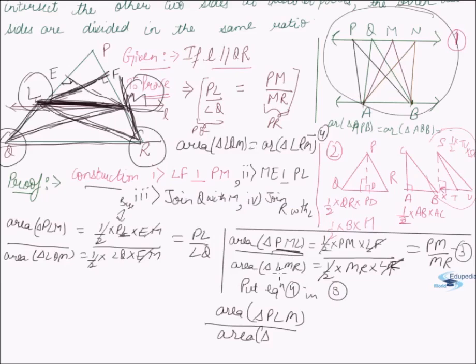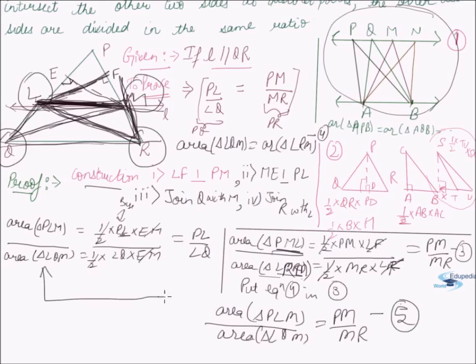Now friends, LMR or LRM are one and the same triangle, so LMR is rearranged as LRM. Now from equation 4 we can substitute the area of LQM in place of this term, so we get the redefined term as this. Let this be equation number 5, and let this be equation 6, where this is the left hand side and this is the right hand side.